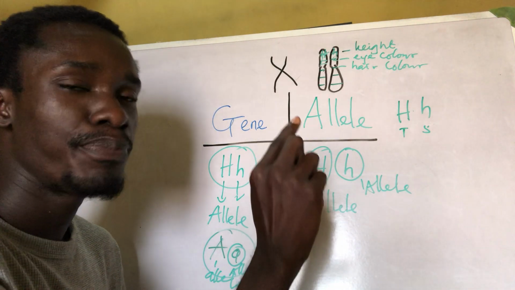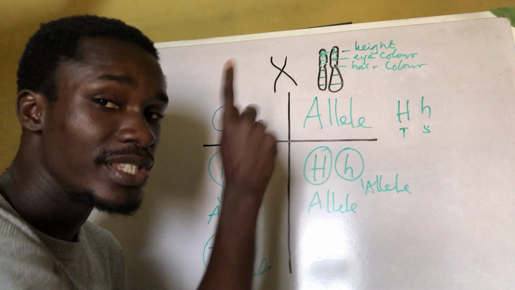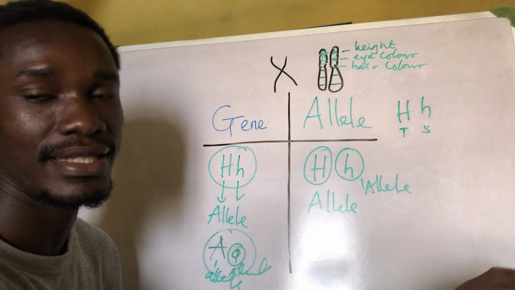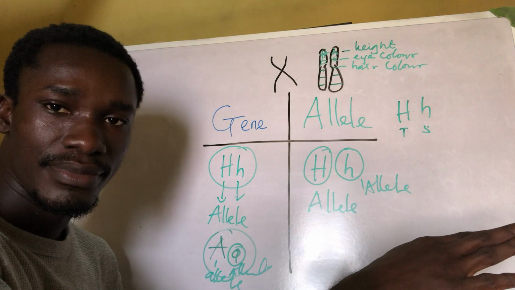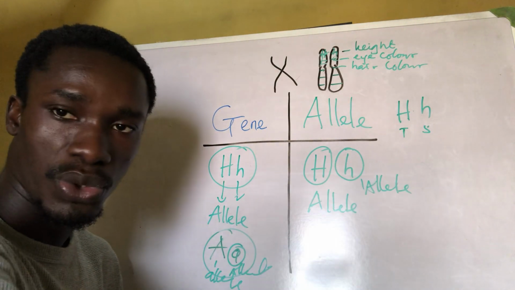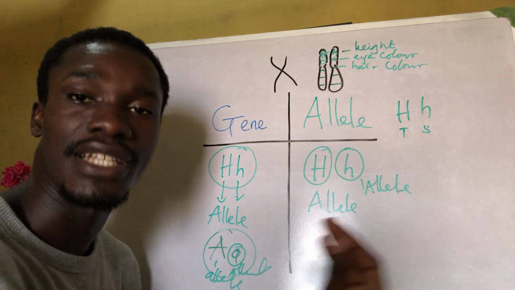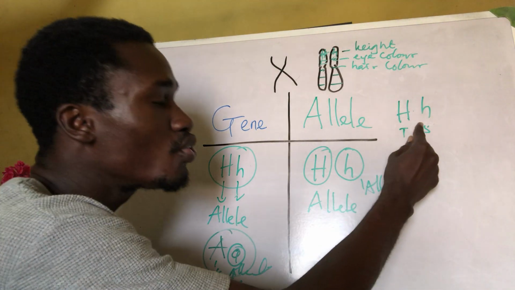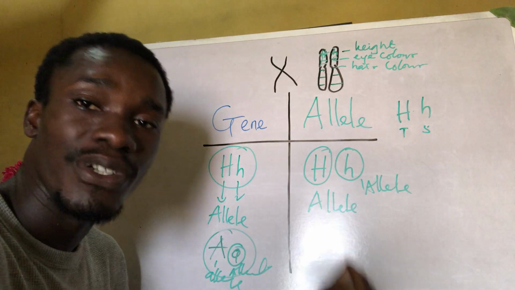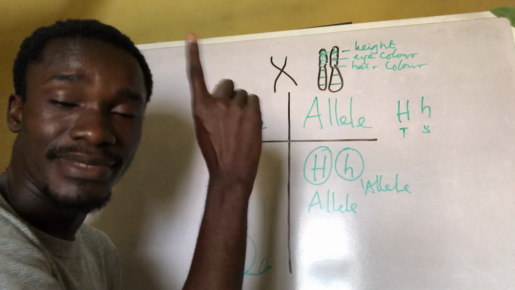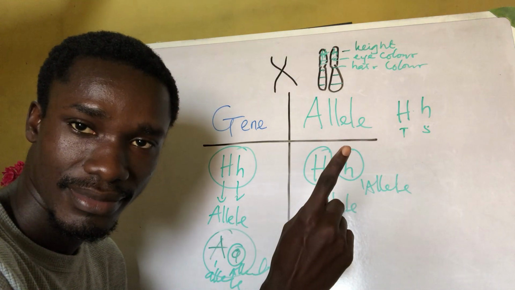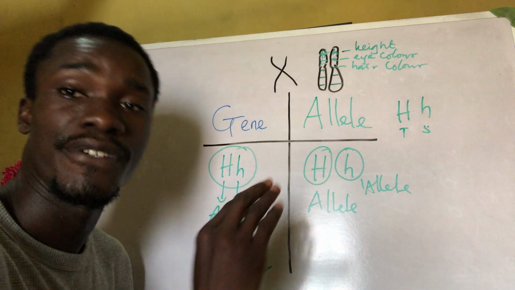So you see, the protein that codes for tall height is different from the protein that codes for short height, but they both code for the same trait, which is height. But either tall or short depends on the type of protein that is being produced, and these two alleles may code for different proteins. So they are responsible for the same trait, height, but they may code for different proteins.